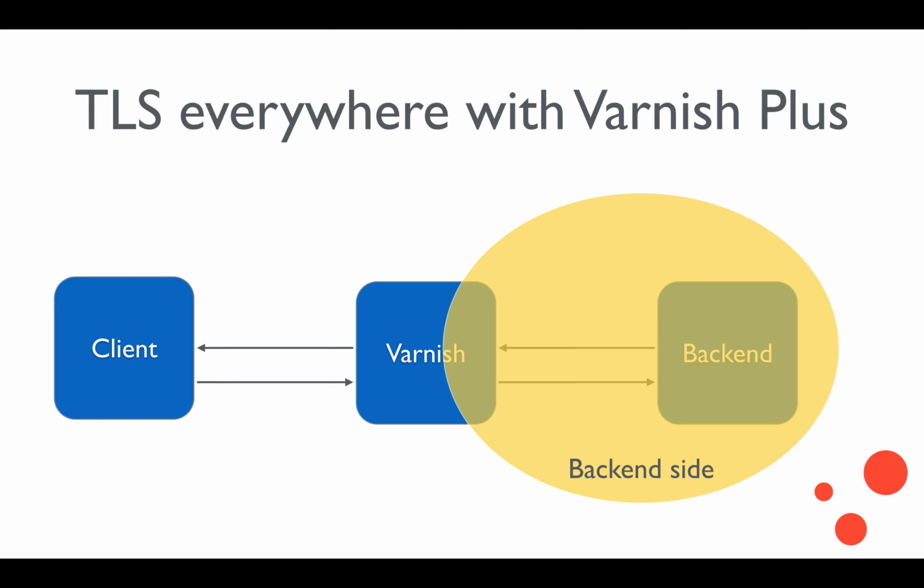Of course, if your application servers are in the same data center or the same rack as your Varnish server, the risk is a lot smaller, because then you're sending stuff in clear text just over a local cable and a switch in your data center, and you can reasonably assume that that connection is secure.